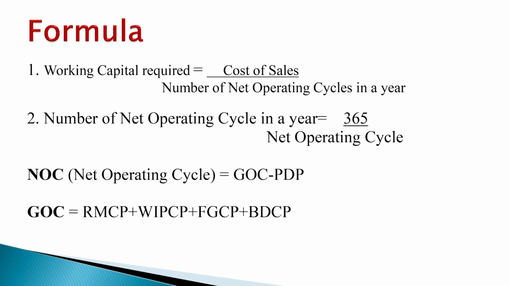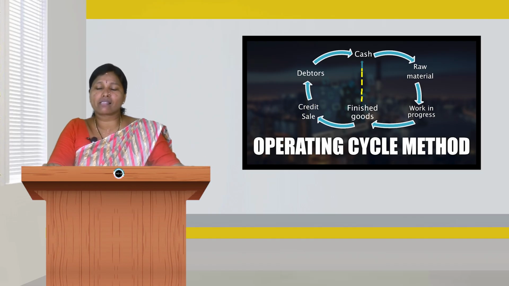Then the third step is working capital requirement. Working capital required is equal to cost of sales divided by number of net operating cycles in a year. With the help of these formulas, we can solve one particular problem.